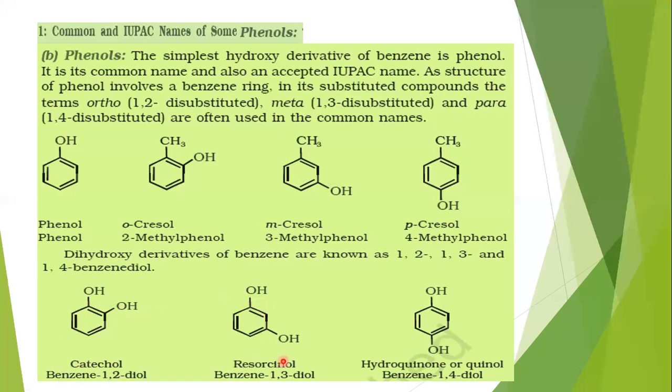It is resorcinol, or the IUPAC name benzene-1,3-diol. This is hydroquinone or quinol, and the positions are first, second, third, and this is the fourth carbon, benzene-1,4-diol. This way phenols can be named according to the IUPAC system.